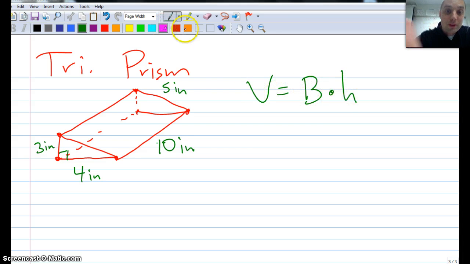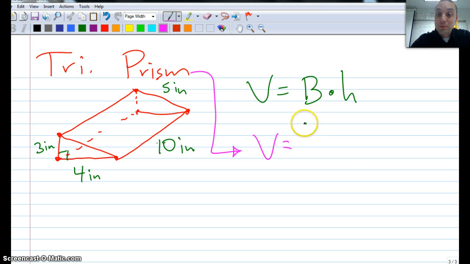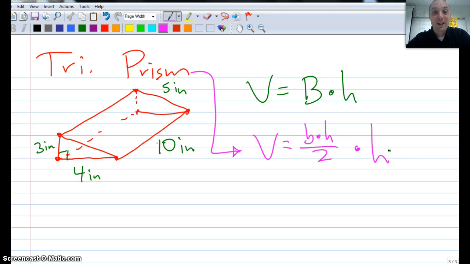Now for the triangular prism, come down here, like we did last time. The base of a triangular prism is a triangle, and so the formula for the triangle is base times height divided by 2, times H. Now here's the tricky part, okay? Everybody listening now? What we want to differentiate here is that this H and this H are not the same H, right?